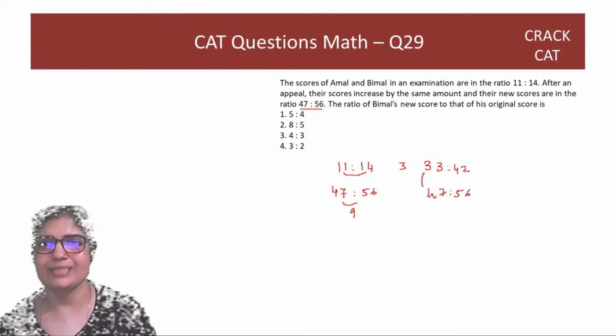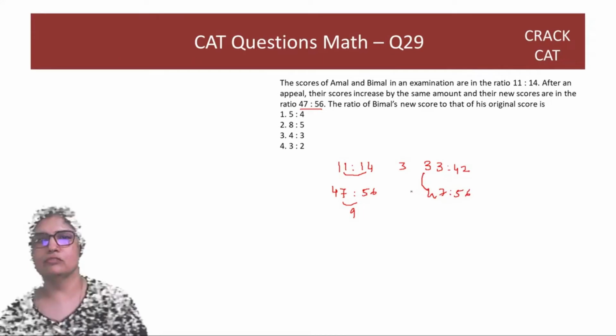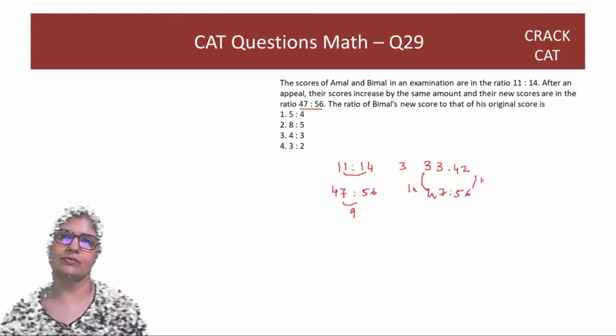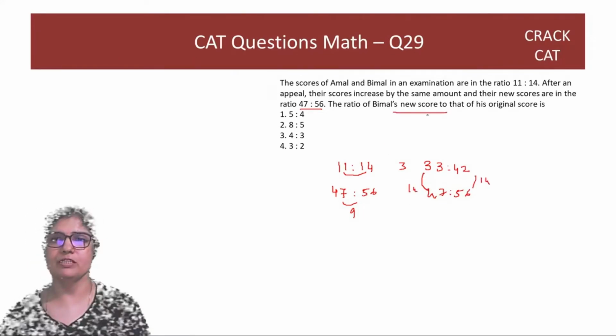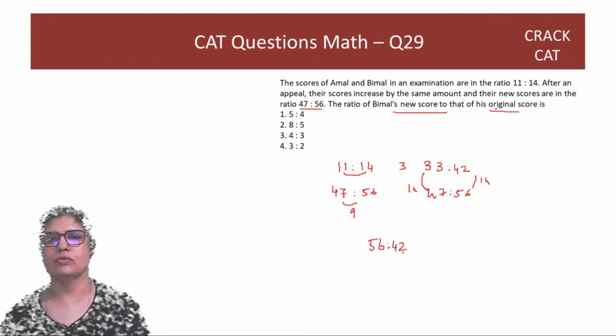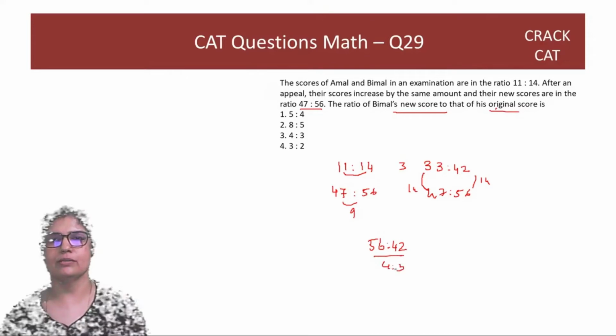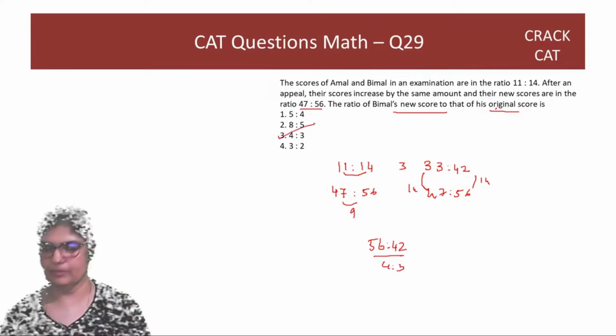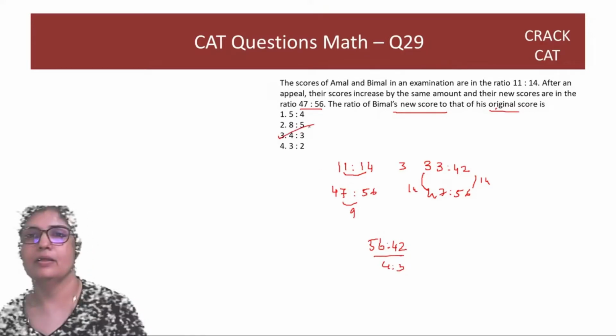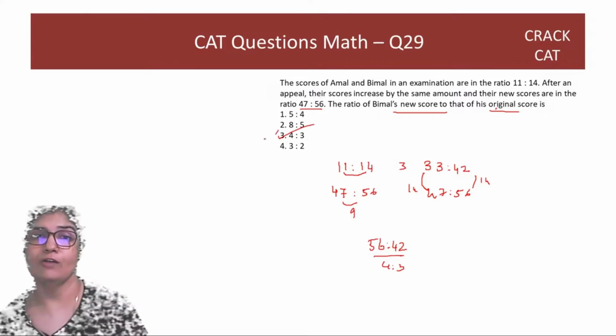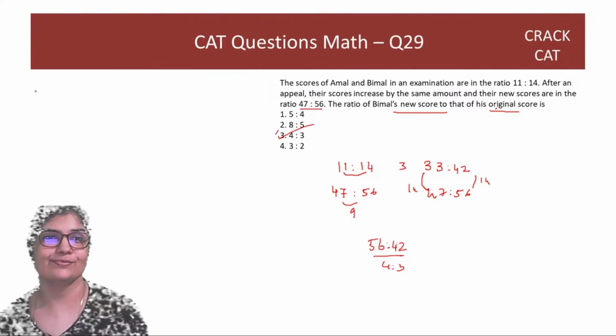So this is basically you're adding 14 to both. So the ratio of Bimal's new score to his original score is 56 is to 42, which is 4 is to 3. You can also solve this with equations, guys.